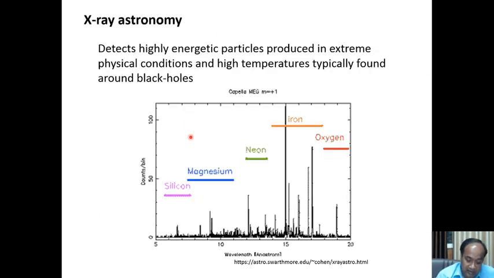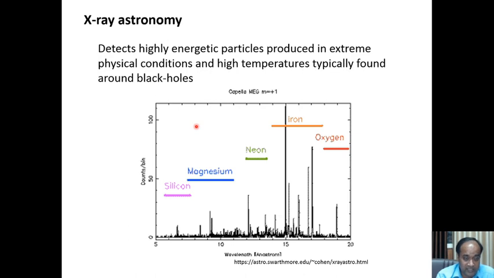Now, this was just a very simple, basic way of jumping from one domain to another in a quick fashion. So X-ray astronomy basically enables us to do spectroscopy for elements which are there at very high temperature, very high energy particles in extreme physical conditions, which you see around black holes, for example.